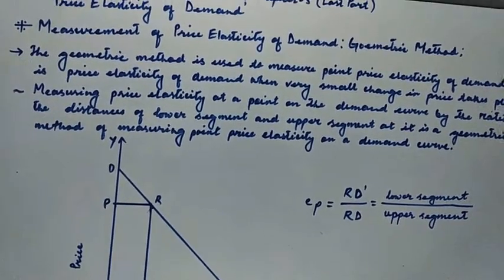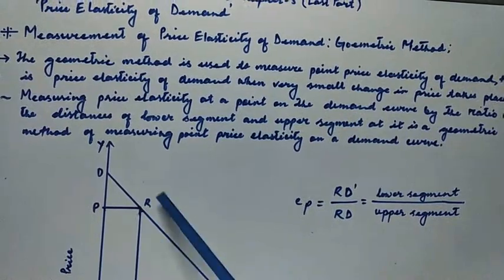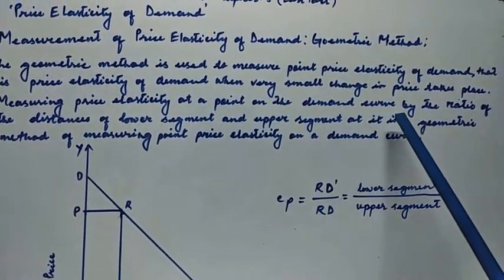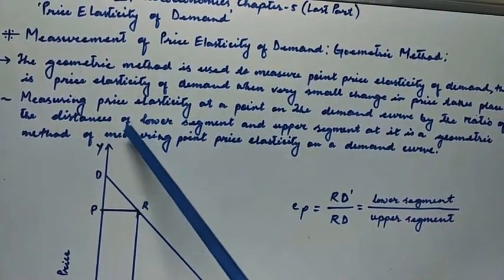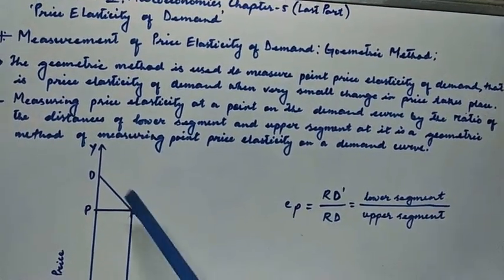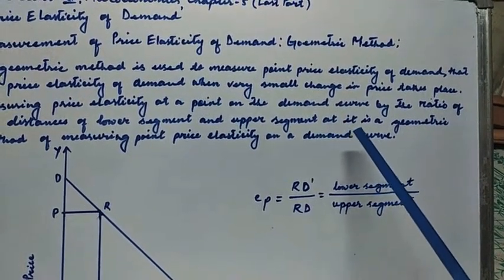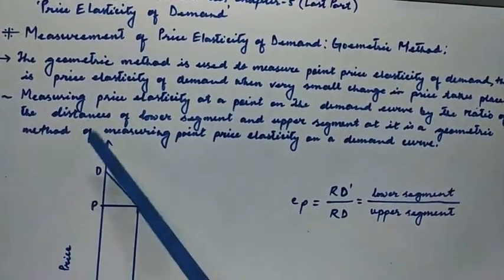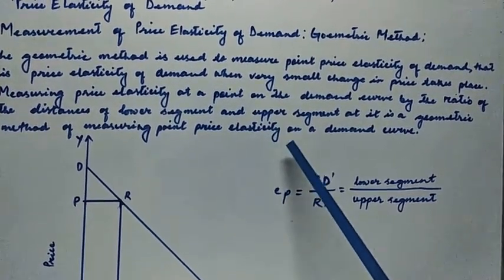So what do we do? We measure price elasticity at a point, let's say R, on the demand curve by the ratio of the distance of the lower segment and the upper segment. It is a geometric method of measuring point price elasticity on a demand curve.